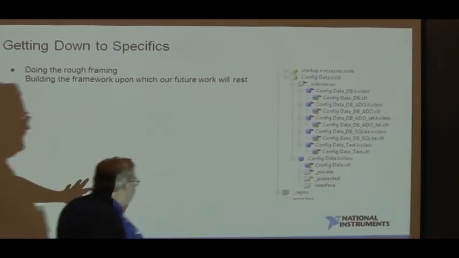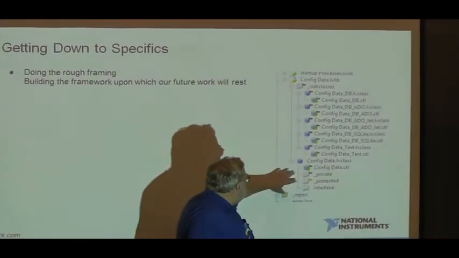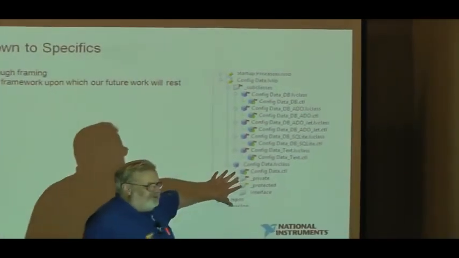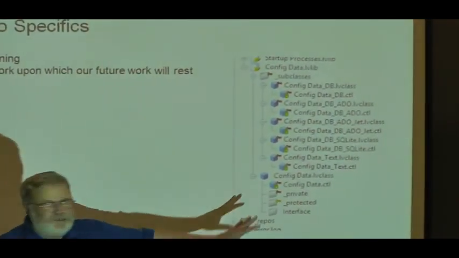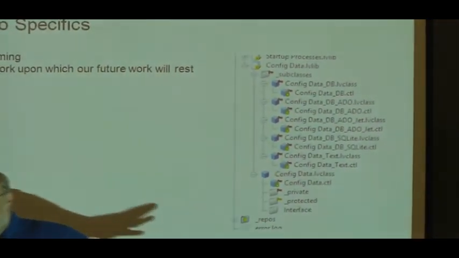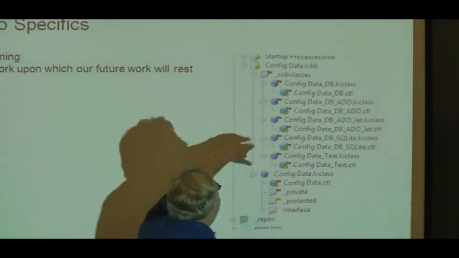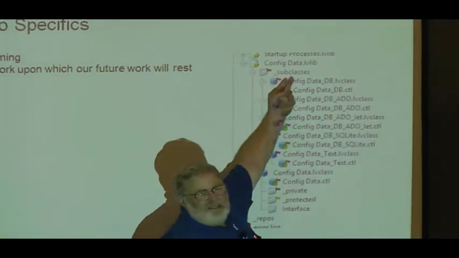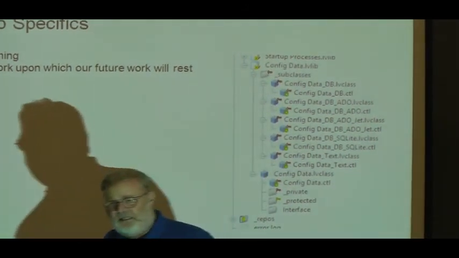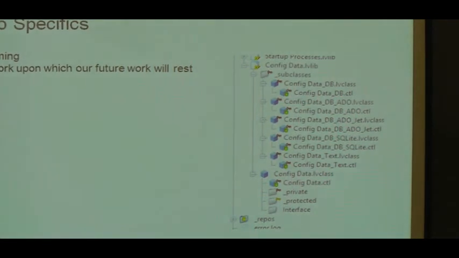Likewise, down here, I create some virtual directories that I know I'm going to need, and I'm going to put things in. And finally, I take this whole structure, and you'll notice what I put it in? I stick it inside of LVLib, a library. Why?